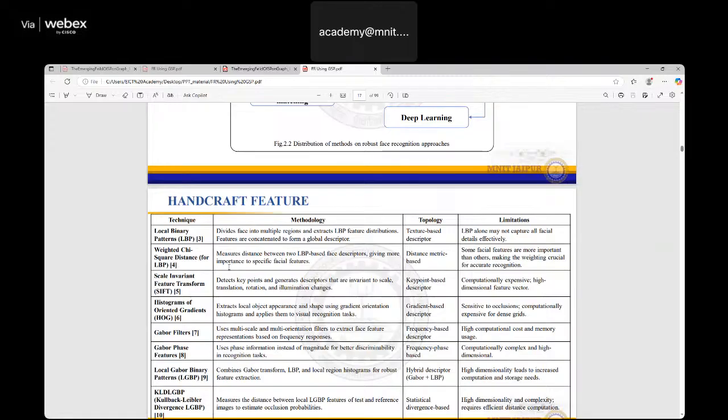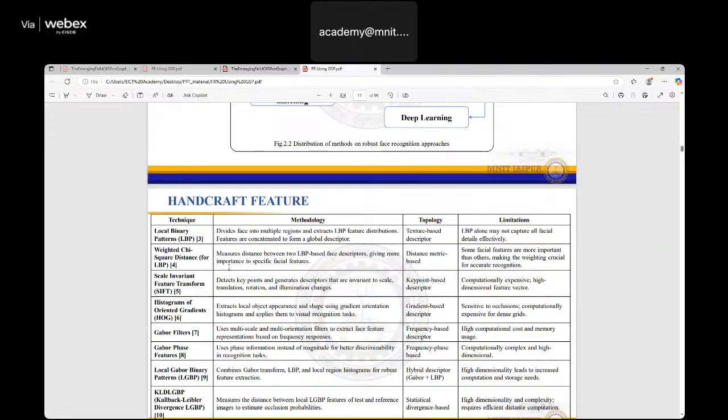The gradient of your edges. Here you are using the histogram: how many gradients of 60 degrees, 40 degrees, 30 degrees are present? Earlier we were limiting ourselves to only pixel values, but here we are calculating the gradient.